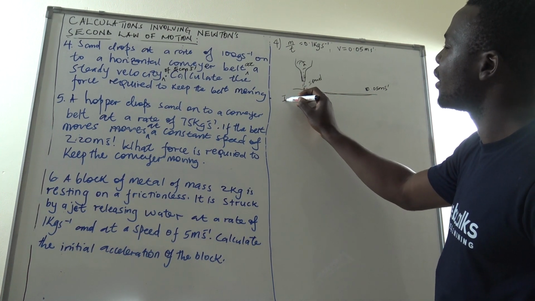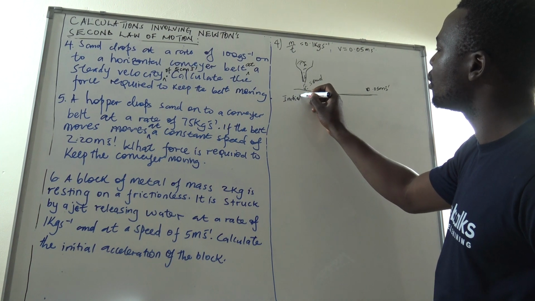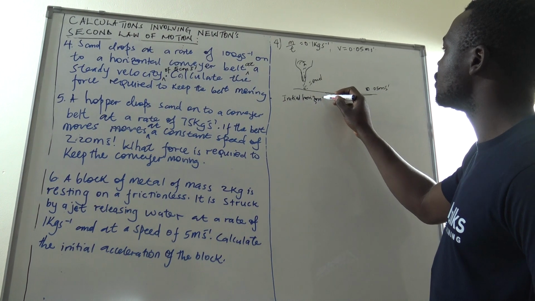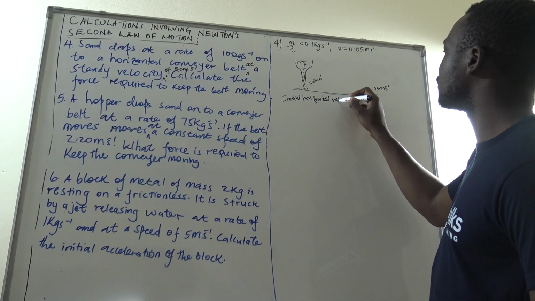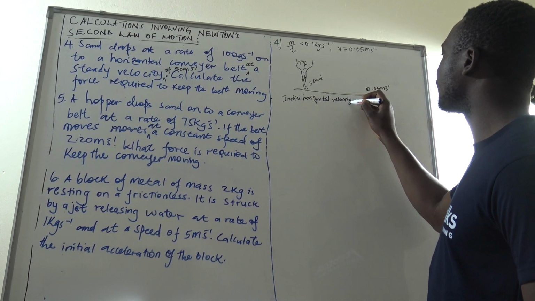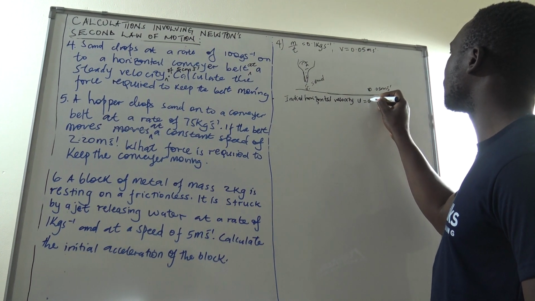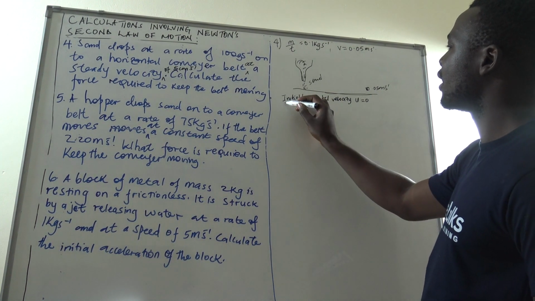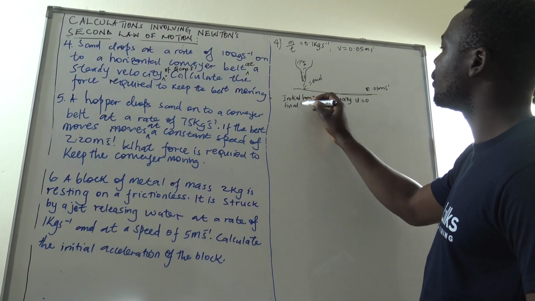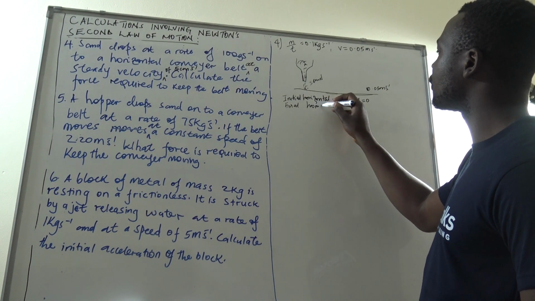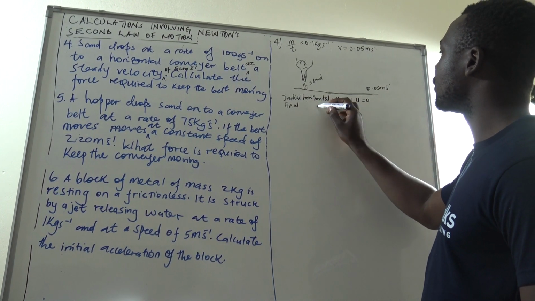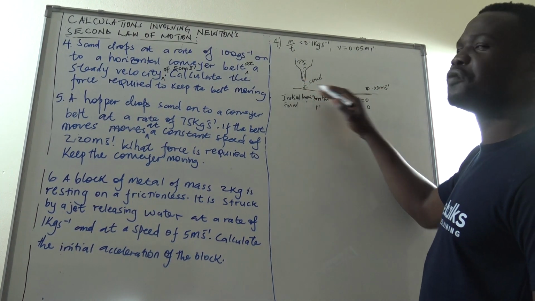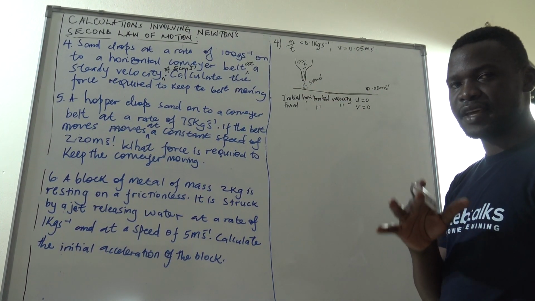We see that the initial horizontal velocity of the sand, u, is equal to 0. Afterwards, the final horizontal velocity of the sand, v, is now the same speed as the belt.